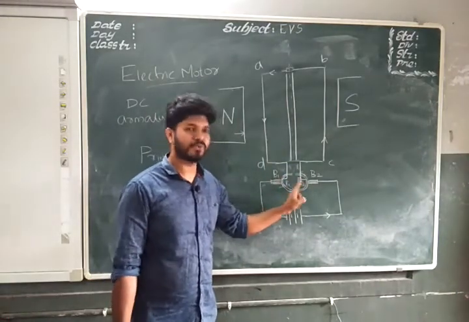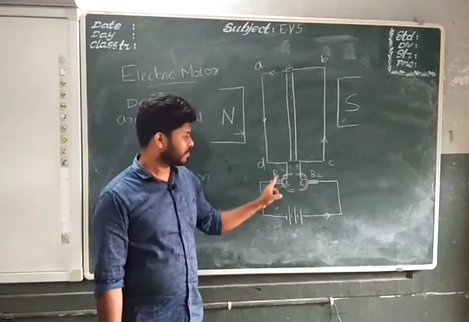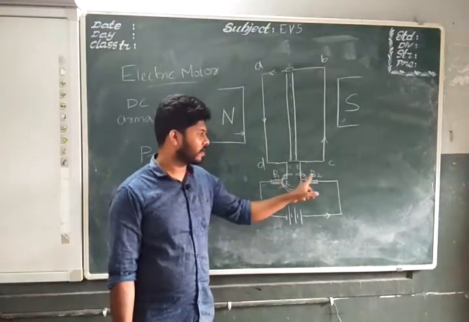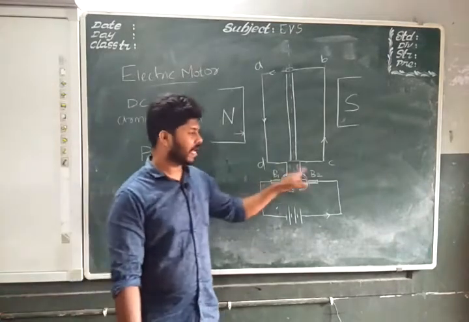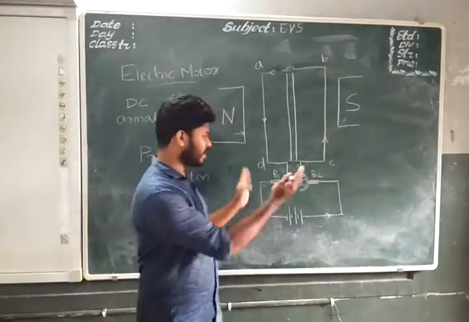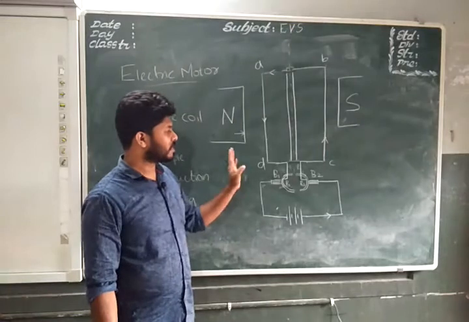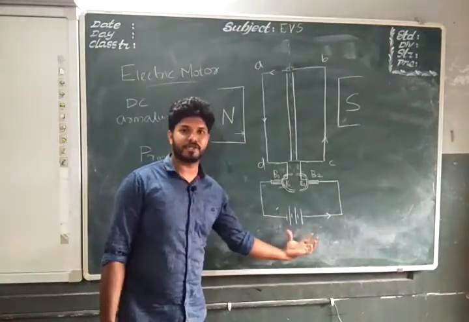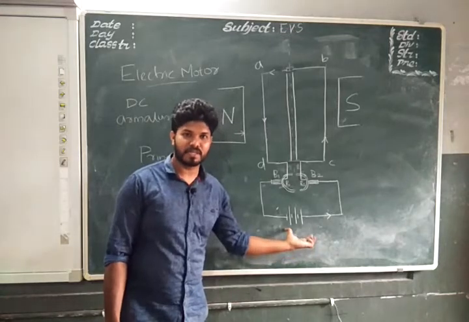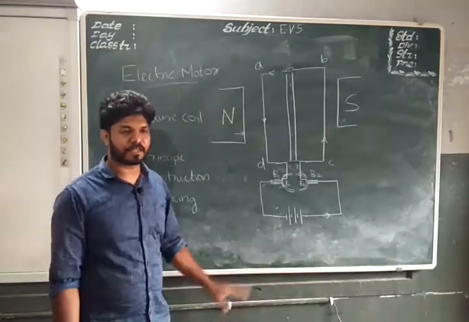From there, two sliding contacts are made using brushes B1 and B2. So here we have the armature coil, rings, brushes, and a battery source. This is the experimental setup.